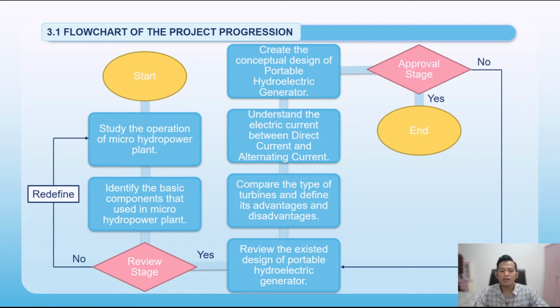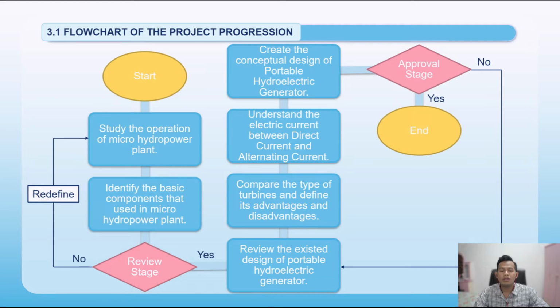This will help gain knowledge in elaborating the topic. Then, identify the basic components used in a micro hydropower plant, to determine what components apply in a micro hydropower plant so that I have an idea of what to focus on.